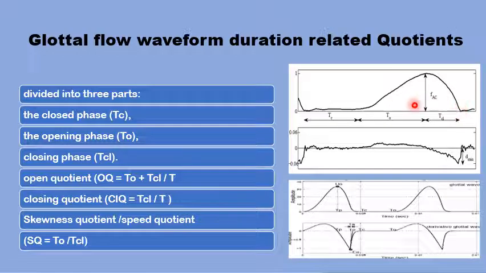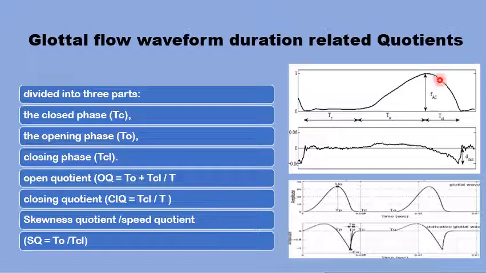The sum of these two divided by the total time for the cycle gives the open quotient. The closing quotient is only this part in here, the closing phase divided by the time of the whole of the cycle. There is another parameter here, the skewness quotient.